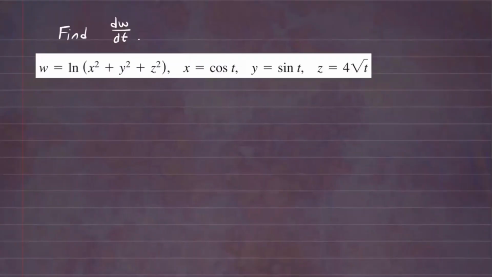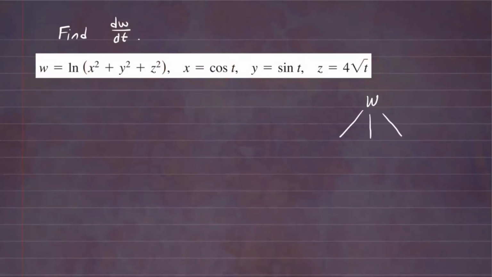Here we have another illustration of the chain rule. So we have w as a function of now x, y, and z, and x, y, z are all functions of a single variable t. So let's draw a tree diagram since we want to find the derivative of w with respect to t. So first variable we're going to start with is w, and w depends on 3 variables.